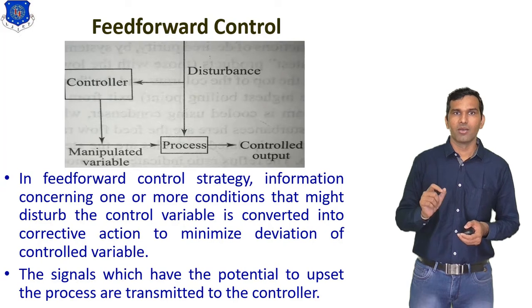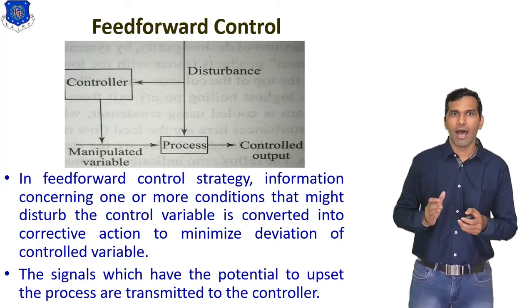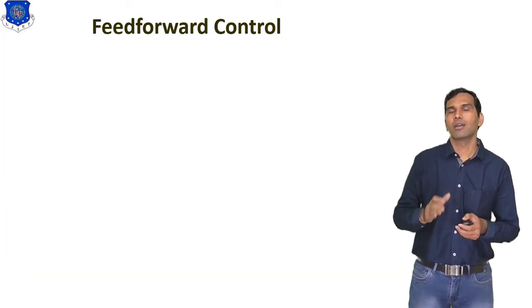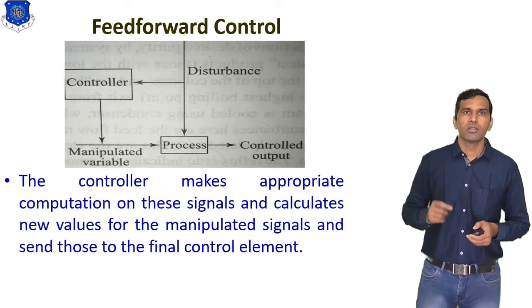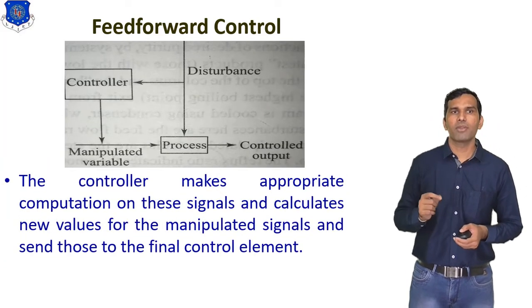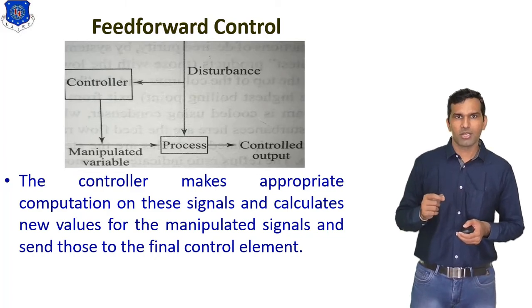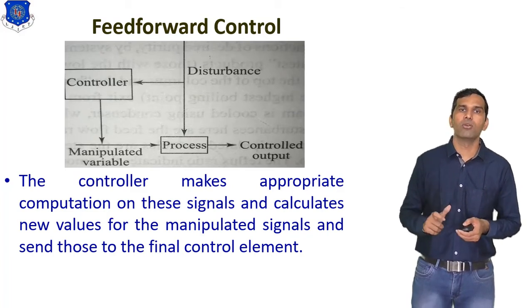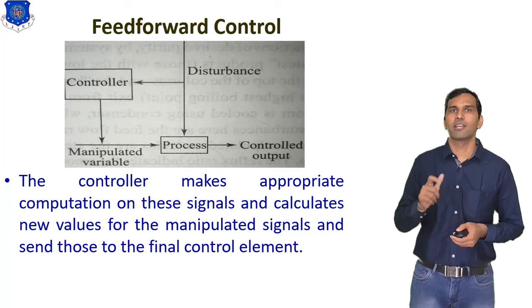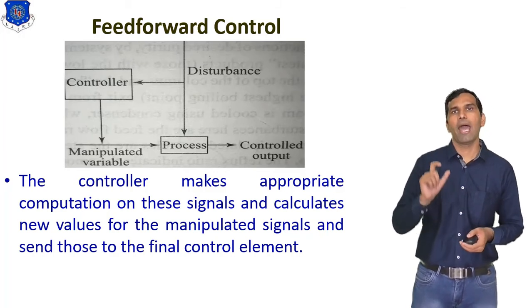The signals which have the potential to upset the process are transmitted to the controller. The controller makes an appropriate computation on this signal, calculates a new value for the manipulated signal and sends it to the final control element.